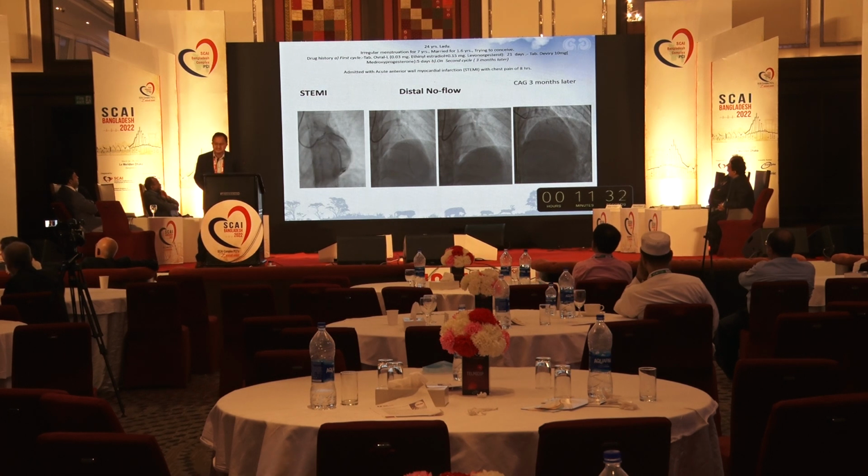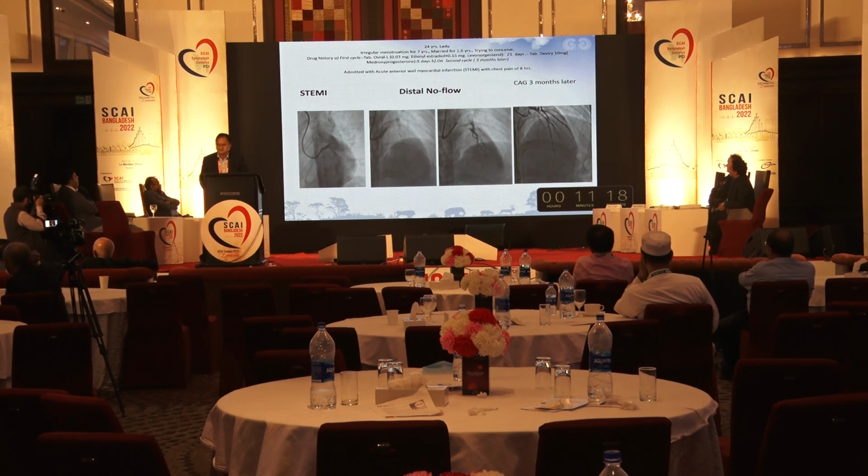This is a 24-year-old lady. This case presented 5 to 6 years back with ischemia. She had irregular menstruation, so she was trying to conceive. She consulted gynecologists. They gave 2 cycles of estrogen and progesterone. In the second cycle, she had an ST-elevation MI with 8 hours of chest pain.